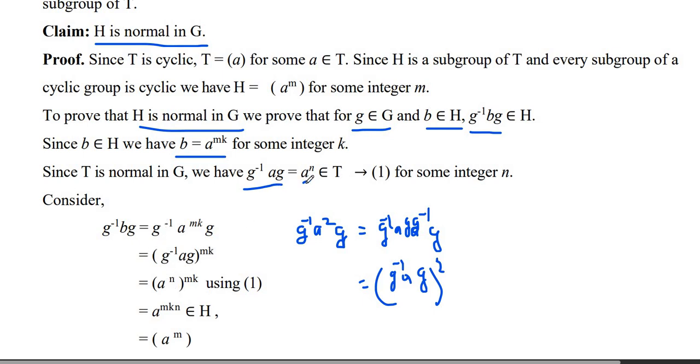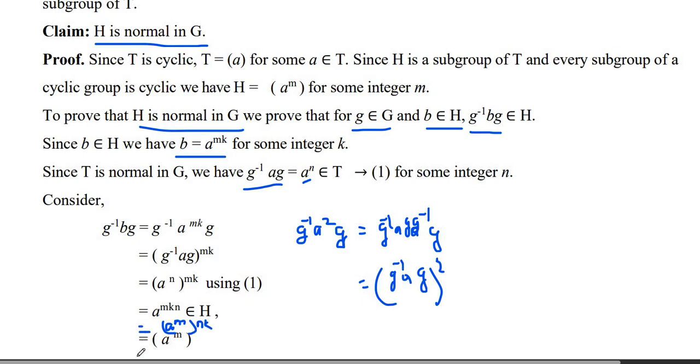But G inverse G is A power N. So you have this. So it is A power MKN, or you have actually this being written as an integral power of A power M. So N K or Kn.